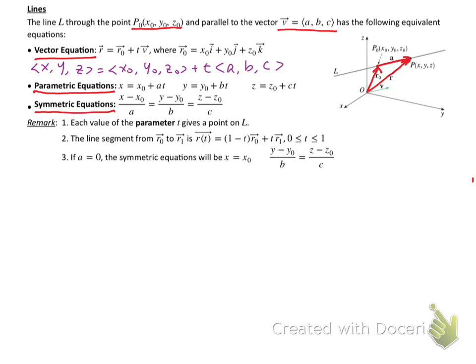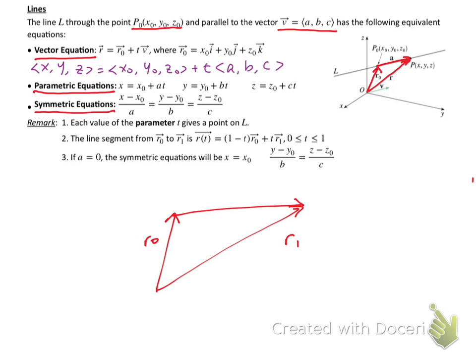Some remarks. The first one I already said. t is called a parameter, and when t changes, you pretty much are moving along the line and getting different points. The second remark, the line segment from R0 to R1. So this is R0, this is R1.